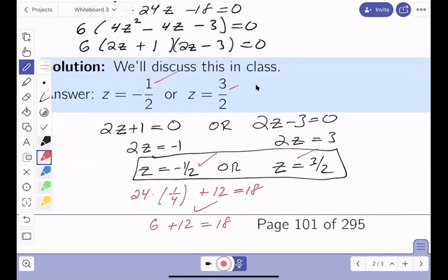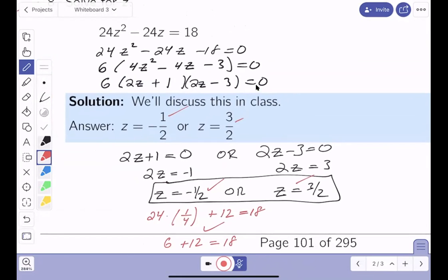So that works good. Let's try the 3/2. More difficult, though, no doubt about it. So let's just check it out. What do you get? 24. And what's 3/2 squared? It's 9/4. Minus, well, it's going to be more difficult. I'll write it down for you. 24 times 3/2. And we'll go through it in steps.